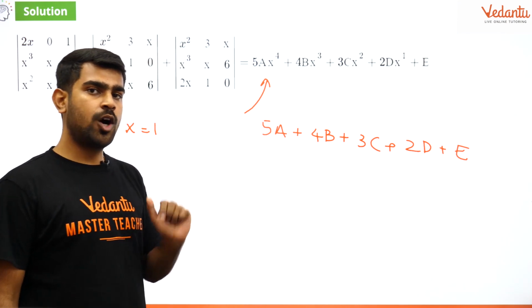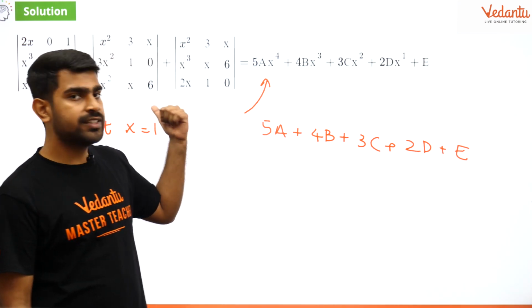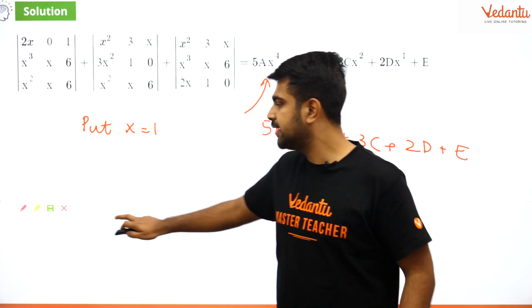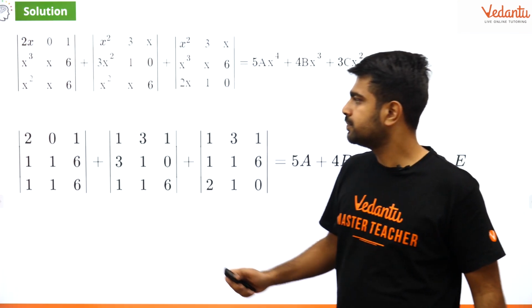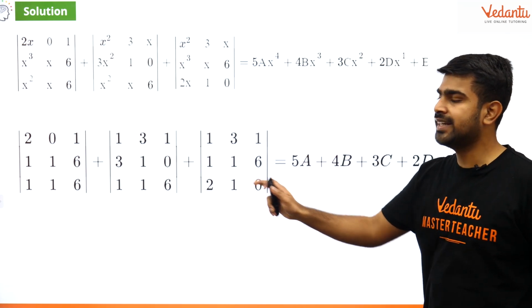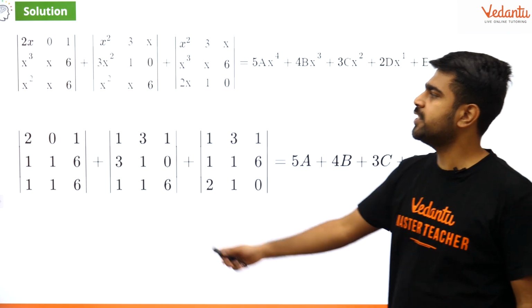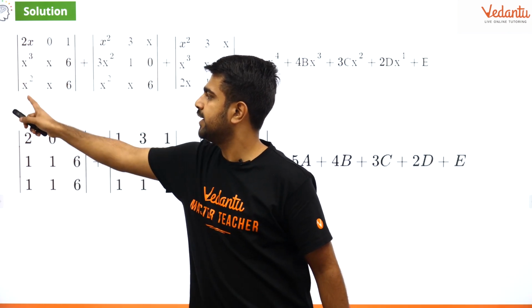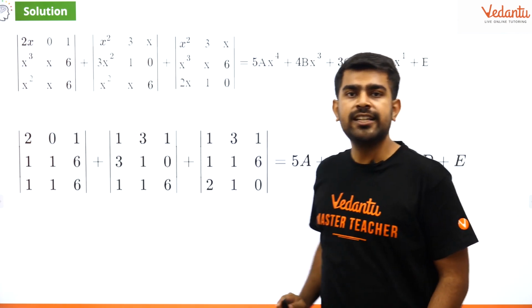Now let us move forward and see how to solve the left hand side of it. I hope everyone is clear till here. So this is going to be the value of the left hand side when I substitute x equal to 1. As you can see, I just put x equal to 1, it became 2, and x equal to 1 accordingly in the others.